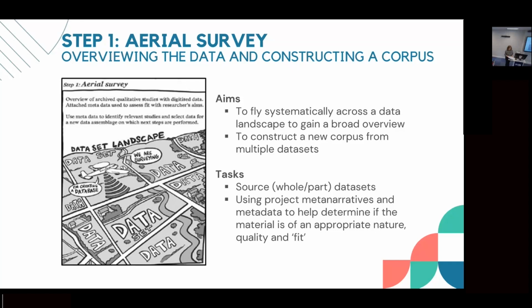This is used to guide the construction of your corpus. As I say, some repositories curate this material alongside, others you might have to do a bit more detective work to find some of those things, or to liaise with the original researchers to find out more about the context of the study. And then this selected data, once you've done this process, is pooled to create your new corpus.